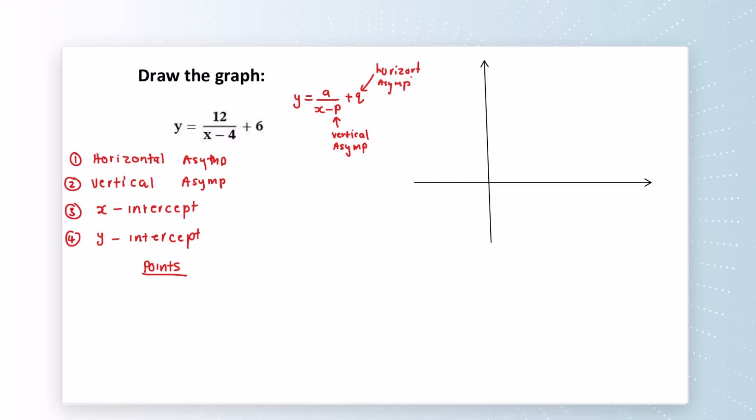You can see that p is 4 and then q is 6. So we are just going to extract them as they are. You see here it's x minus 4. That means if there's a minus here, when you go on and write your vertical asymptote, you're going to say positive. If it was plus, you're going to say it's minus 4.